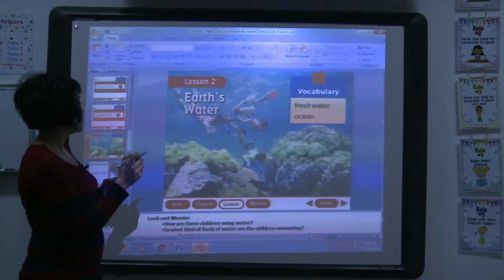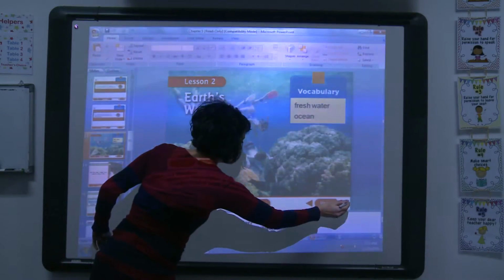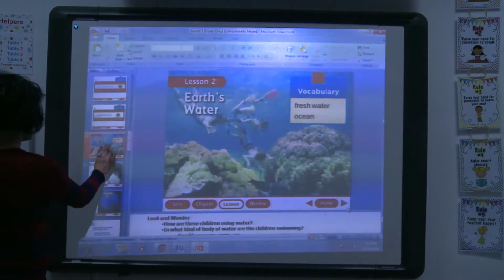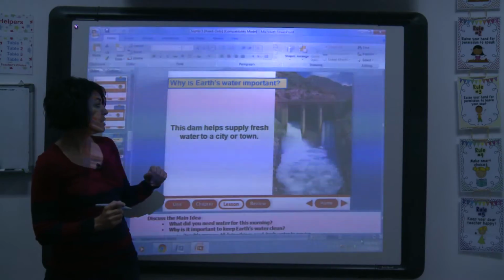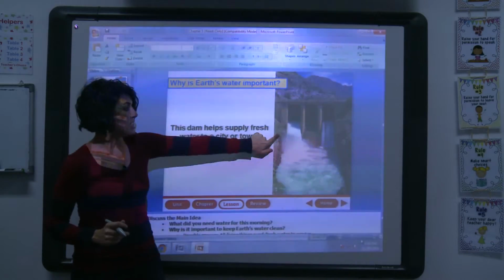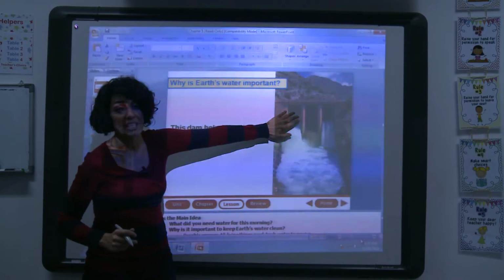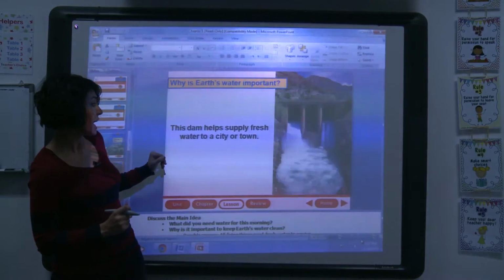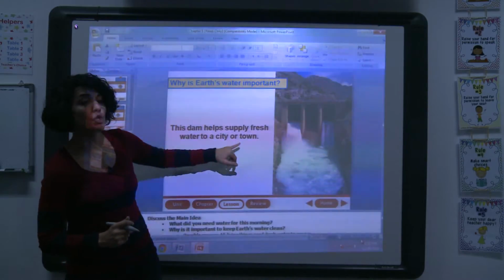Now I will continue. Okay, as we can see here, humans build dams. This is a dam. Humans build dams in rivers, okay, to supply fresh water for a city or town.